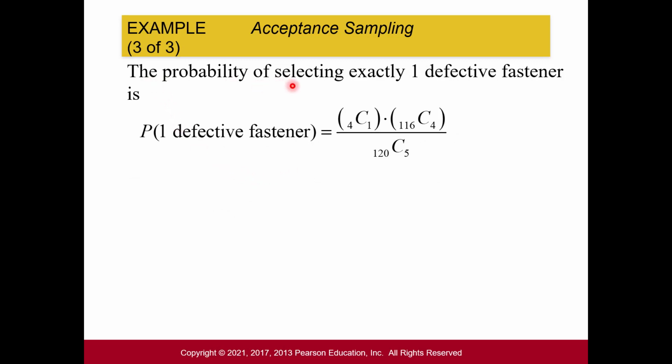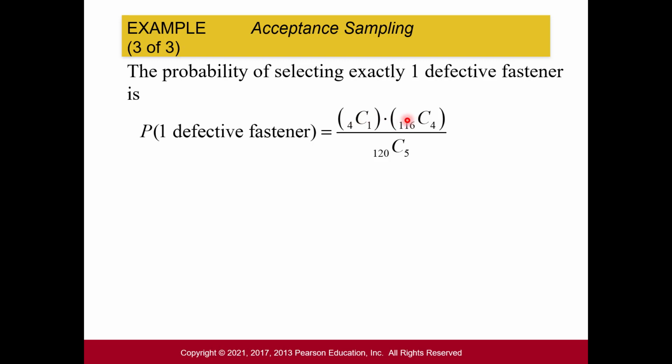So the probability of selecting exactly one defective fastener is the following. We had our totals from before that we already figured out, but here are our formulas. We're choosing the one defective and then the 4 non-defective.